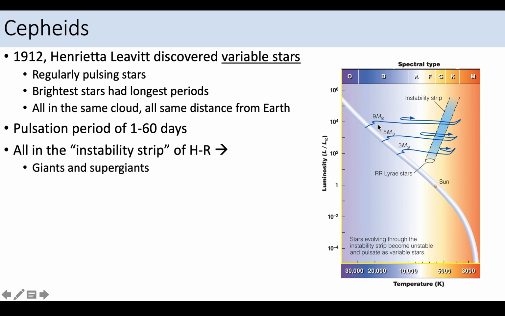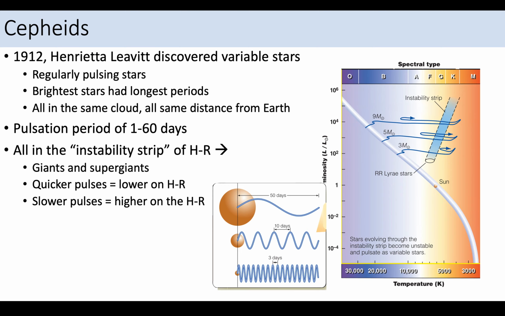So you can actually see how, let's say, a 9 solar mass star, so a star that's 9 times the mass of the sun, will actually move as it ages in and out of that instability strip. So it can become a variable star and then stop being a variable star and then become a variable star again.